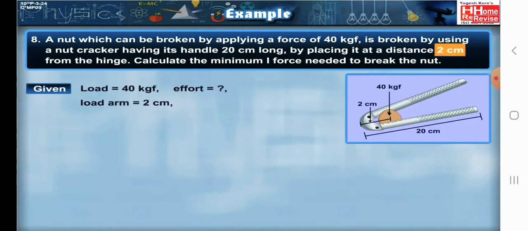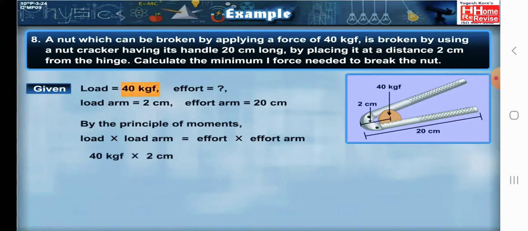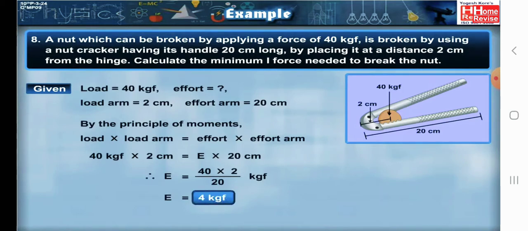Load arm is equal to 2 centimeters. Effort arm is equal to 20 centimeters. By the principle of moments, load into load arm is equal to effort into effort arm. Let's substitute the values. 40 kgf into 2 centimeters is equal to E into 20 centimeters. Therefore, E is equal to 40 into 2 upon 20 kgf, which equals 4 kgf.